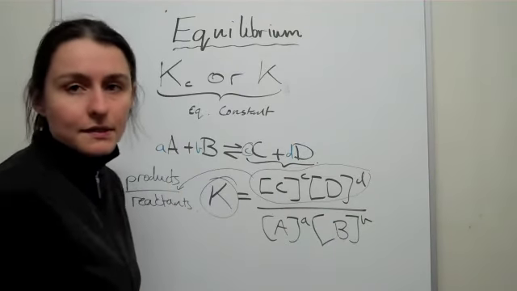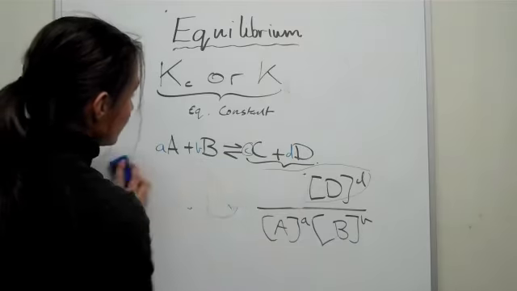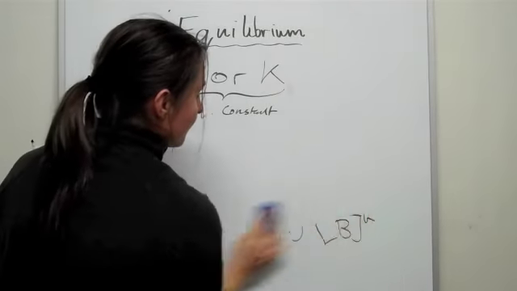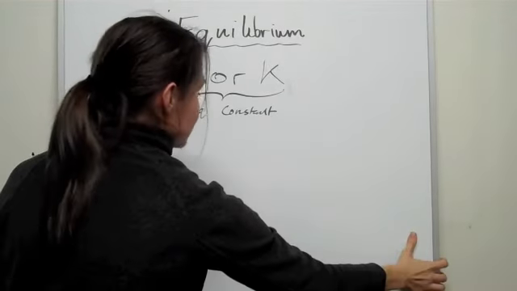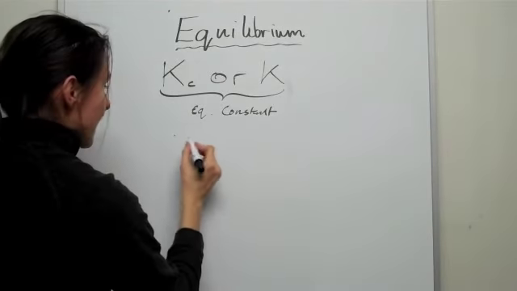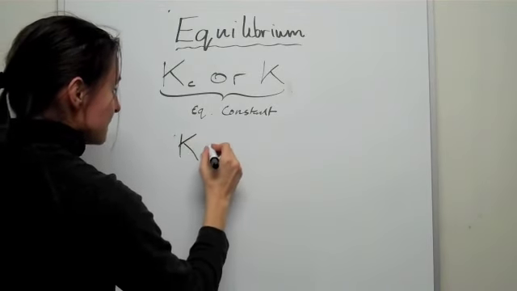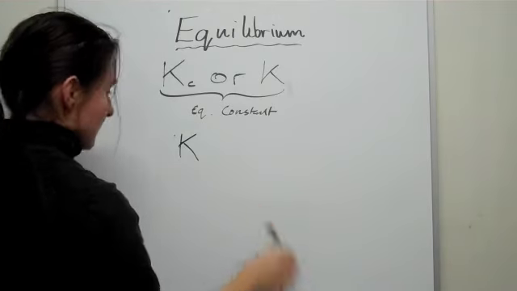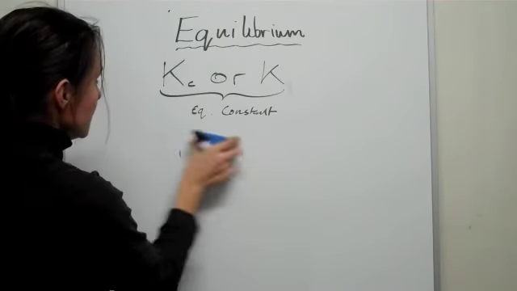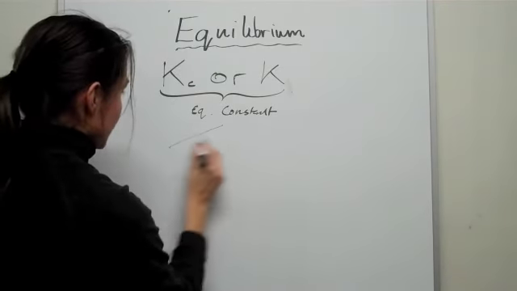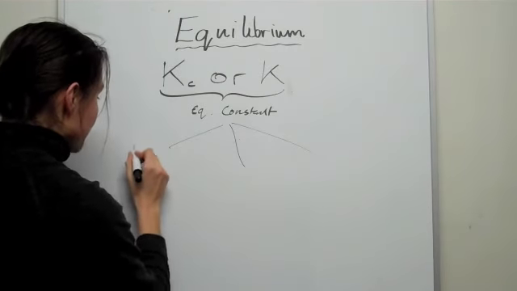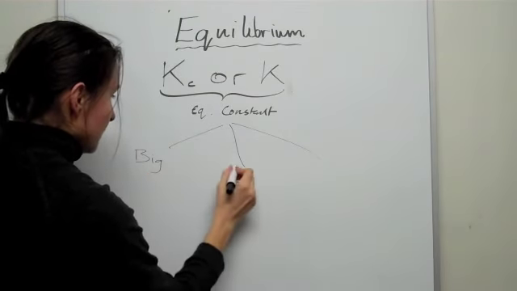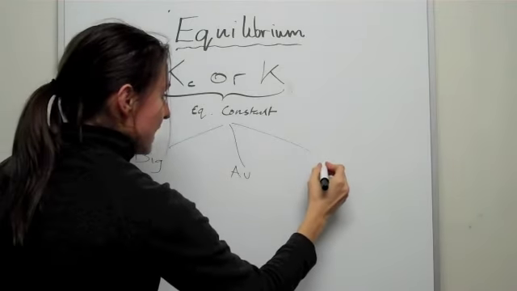So that means that you have three cases, so you can have three different values of K. So maybe I'll do this in a different way. You have big, average, and small.